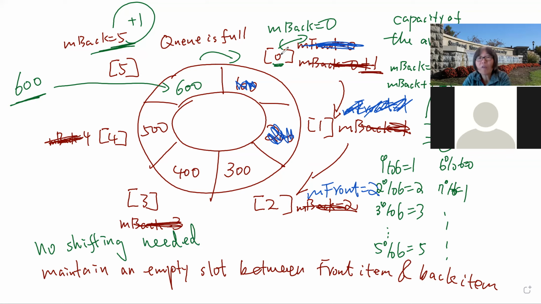So now you're back to 0. If you keep adding 700, you just plus 1, and then modulo 6 still gets you back to 1. So it works perfectly. We can keep doing like this. So we don't need to worry about shifting anymore.